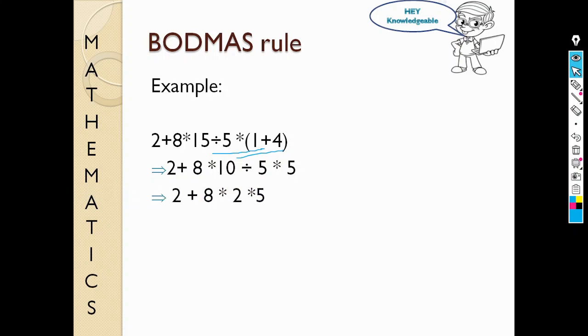After that, the division is done because division has higher precedence than multiplication, addition or subtraction. So 10 divided by 5, that is 2. After that, the multiplication is done, 5 into 2. After that, again the multiplication is done, 8 into 10, and then the addition is done. So the answer is 82.